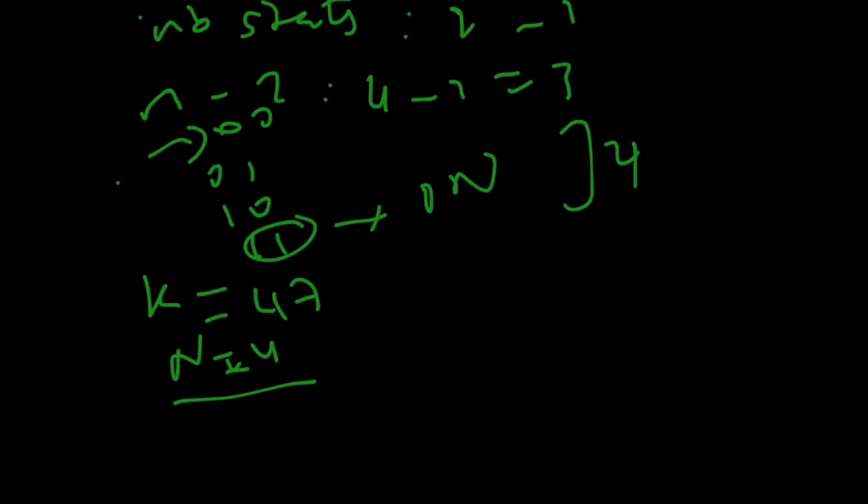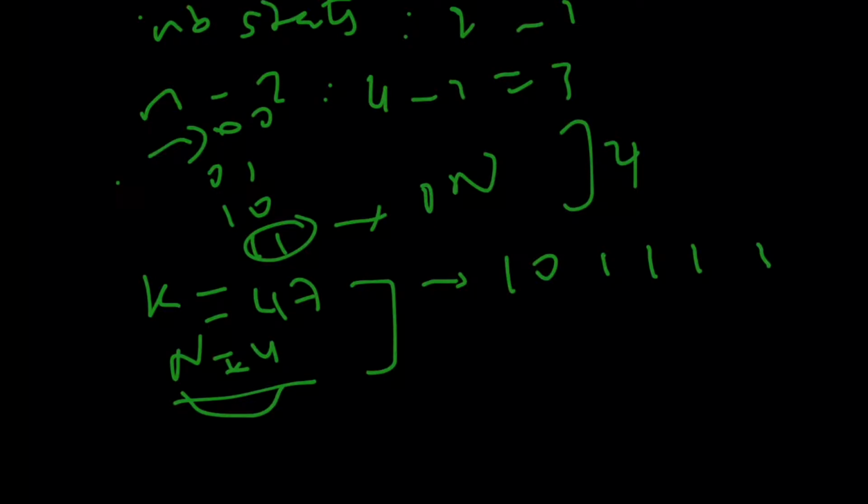To know how many snaps are needed to get k bits on, we can do the following. 47 in bits is 1 0 1 1 1 1, and n is equal to 4.